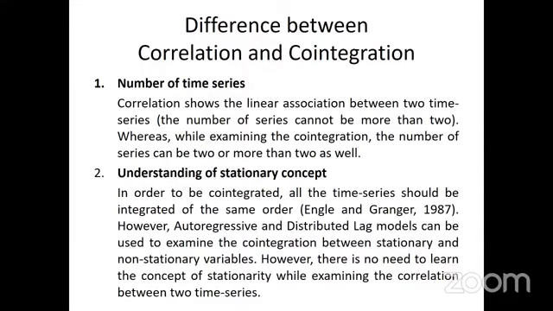Correlation shows a linear association between the two series, whereas there can be more than two series which are co-integrated, and that is known as co-integration. It is necessary that we understand that co-integration is something different from correlation.